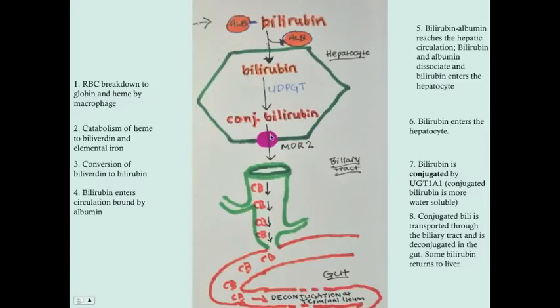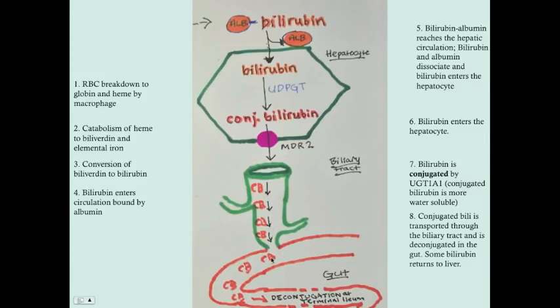So the conjugated bilirubin is transported out of the hepatocyte into the biliary canaliculi by a protein called multidrug-resistant protein 2. I wrote it here as MDR2, but they usually abbreviate it as MRP2. And this is what transfers conjugated bilirubin into the biliary tract.